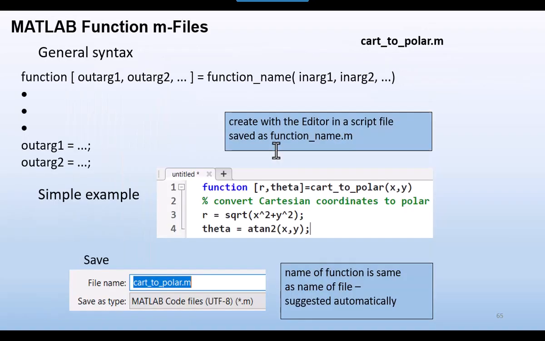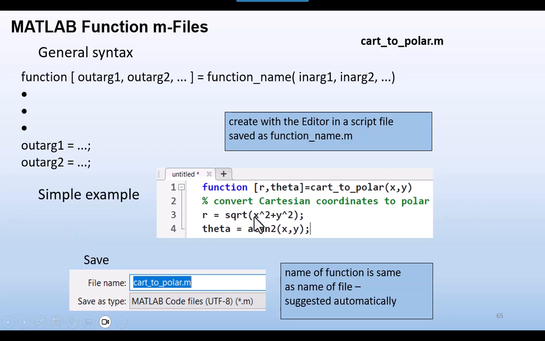This gives you the general idea in terms of how you put together a function with out arguments and in arguments, and then you have code using the in arguments, and you have to assign a value to each out argument at the end of the function. One thing you'll notice is there's no end statement at the end of the function, and you save the function as function name.m, whatever that function is.